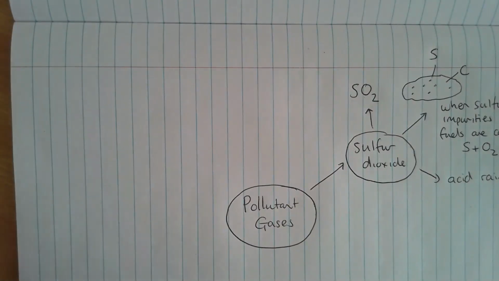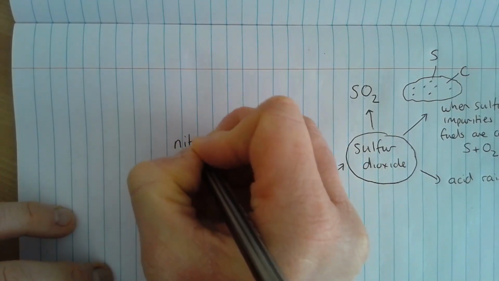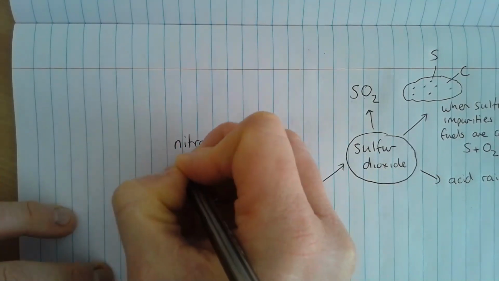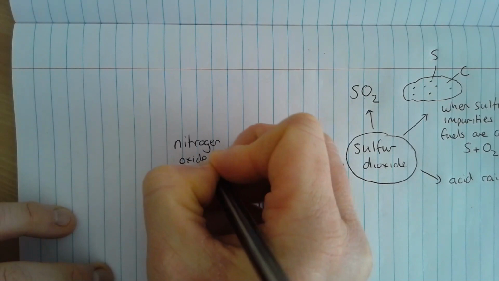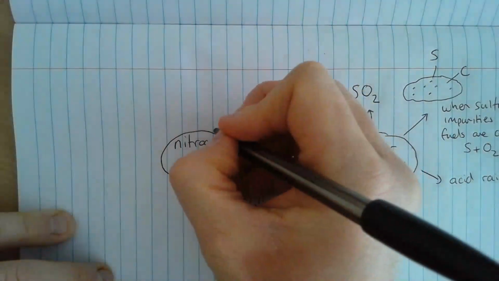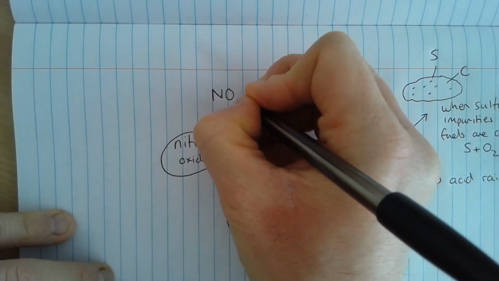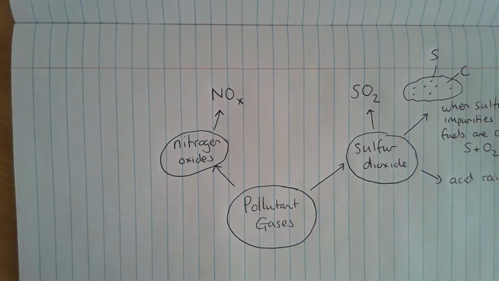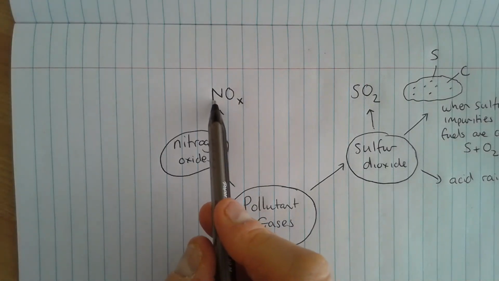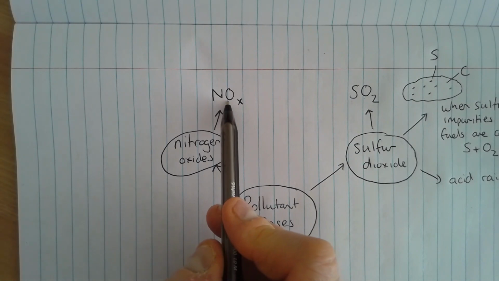The other pollutant gas that we're going to look at now are nitrogen oxides. Now, the formula for nitrogen oxides is a little bit unusual because what we tend to call it is NOx, with a little subscript x. So that N is for nitrogen, a capital N for the element nitrogen, and a capital O for the element oxygen.